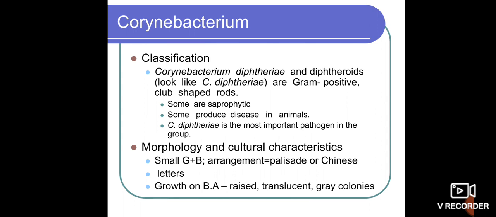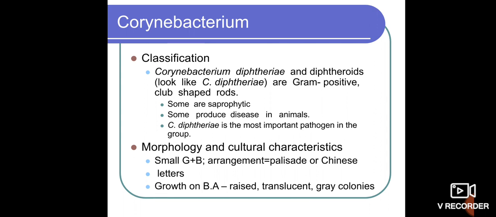Okay, so I'll start the discussion with the morphology of Corynebacterium diphtheriae. After that we will discuss the classification. It's a small gram-positive bacilli, and their arrangement is like a palisade or the Chinese letter. Have you seen the Doraemon letters like that?